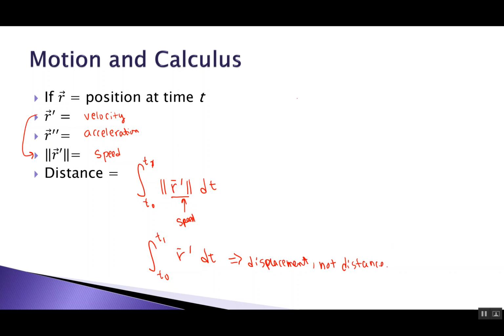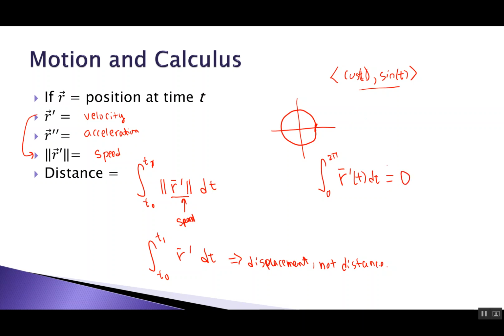So for example, if I were just in 2 variables and I had cosine t, sine t, whoops, sorry about that. And I integrated from 0 to 2 pi. If I integrated from 0 to 2 pi the derivative of that function, that would give me 0 because I wouldn't have moved.